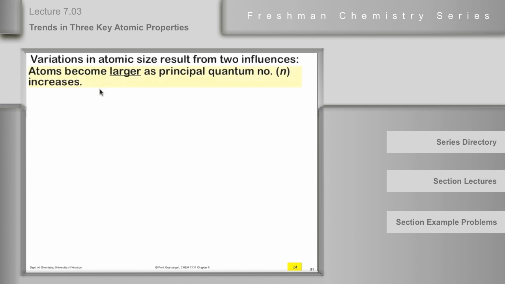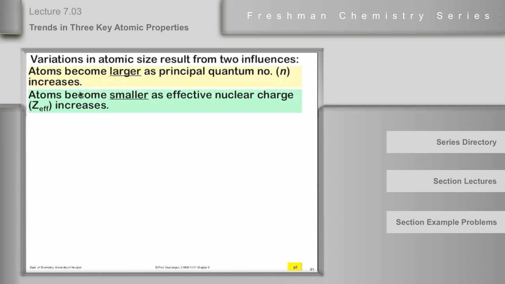Okay? Larger orbitals mean larger atoms. So if other things are equal, we can look at the value of n, and that can give us some guidance. The other thing is that atoms become smaller as the effective nuclear charge, Z effective, increases.